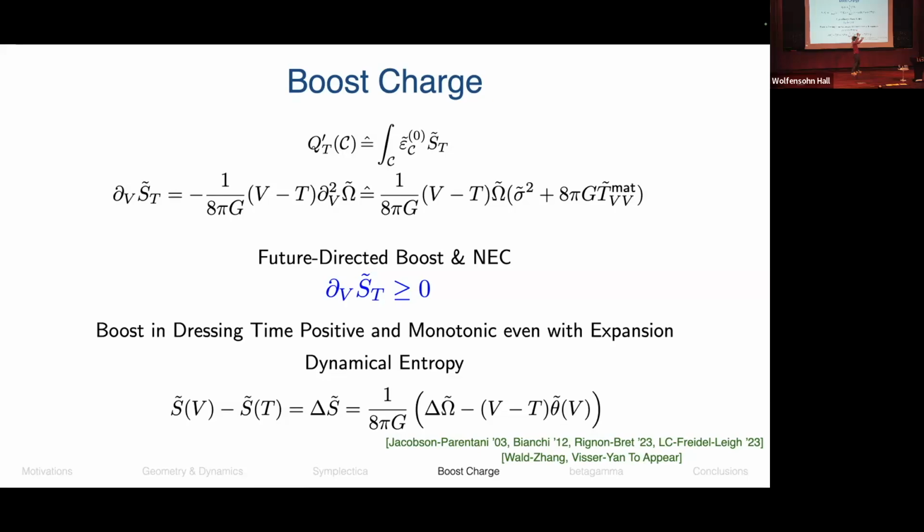And indeed, when theta at the endpoint, the expansion at the endpoint, the end cut, is 0, this is exactly the area law that you would have for the horizon. So this is a generalization when you consider either a finite distance point on the horizon or just a generic null cut, null hypersurface. For a generic null hypersurface, you expect expansions everywhere, but also more importantly, you expect the formation of caustics at finite time. So you really cannot say, oh, I'm just going to go far away where the expansion vanishes. So this would be the correct generalization of the entropy law when you have dynamics at the endpoint.